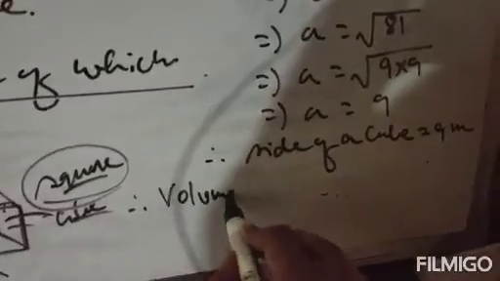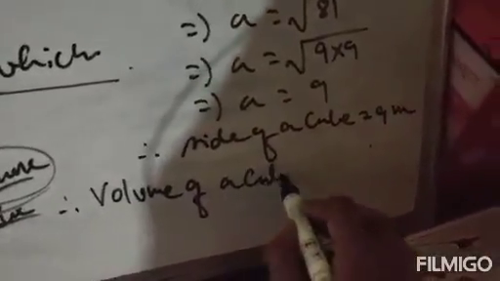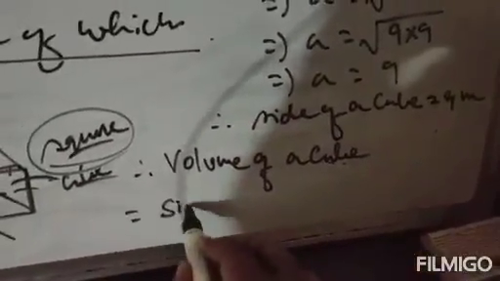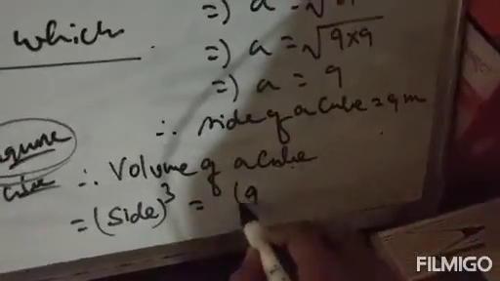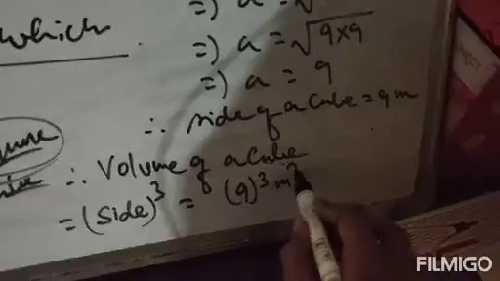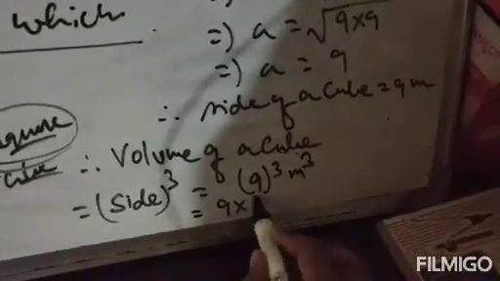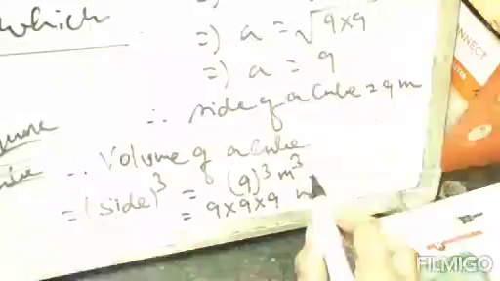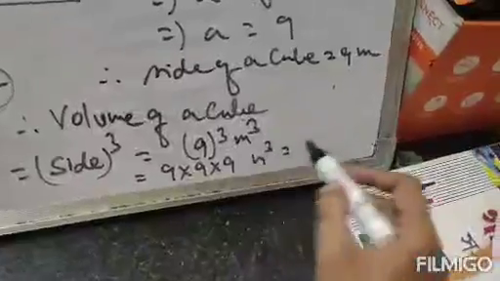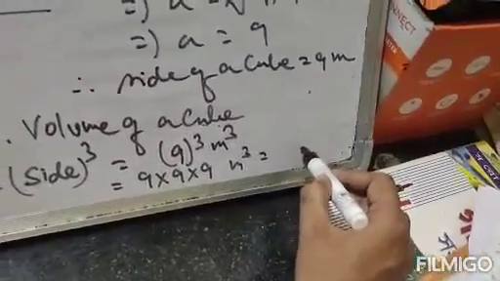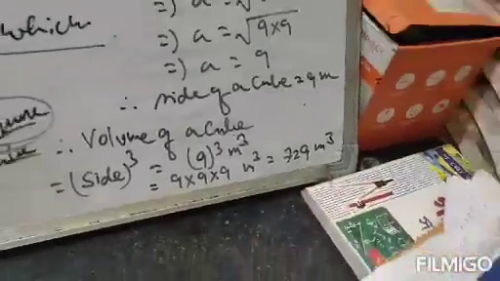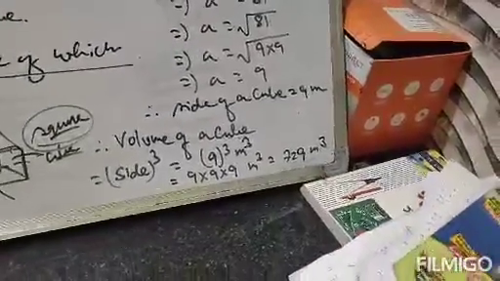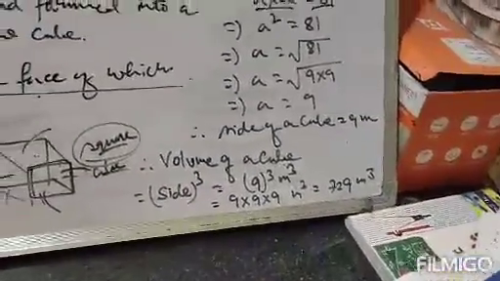Volume of a cube is side to the power 3, and side is 9 meter, so 9 to the power 3 is 9 into 9 into 9 meter cube. 9 nines are 81, 81 nines are 729, so 729 meter to the power 3 is the answer.